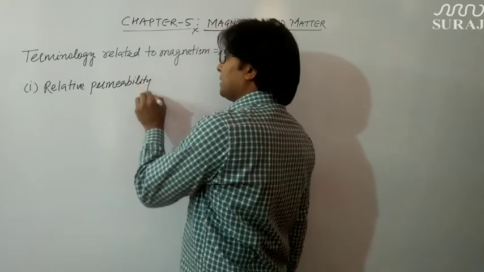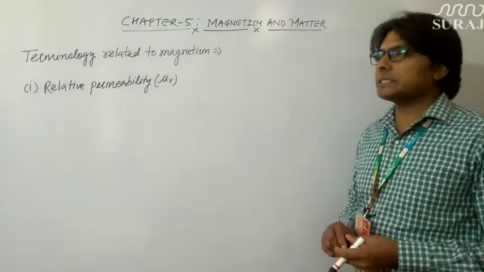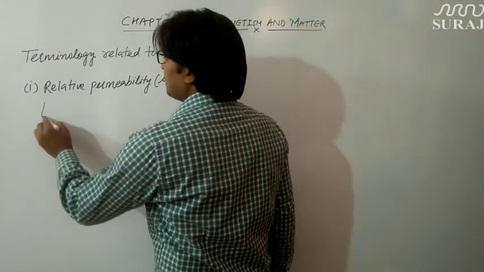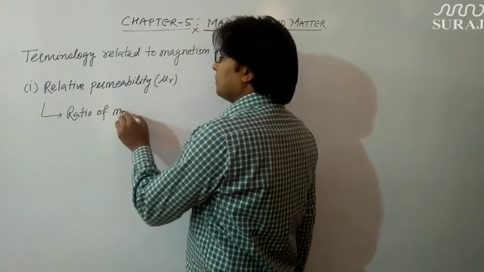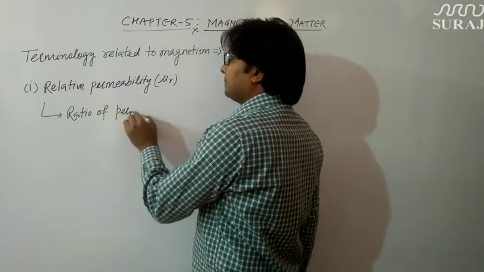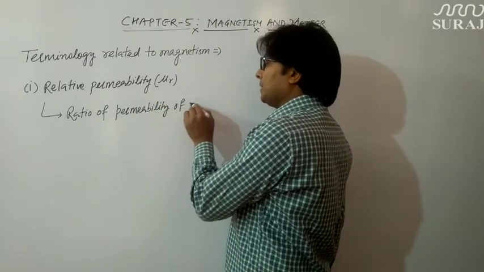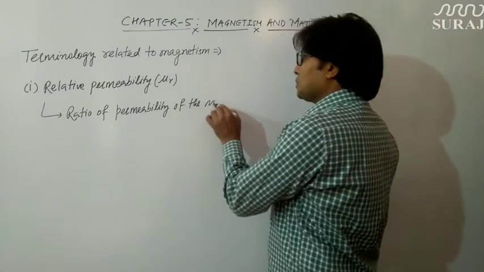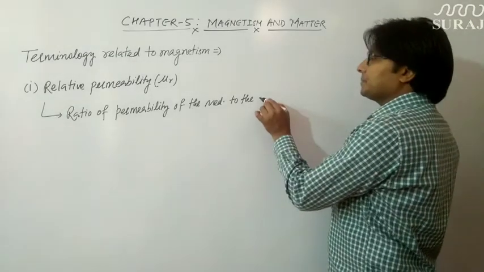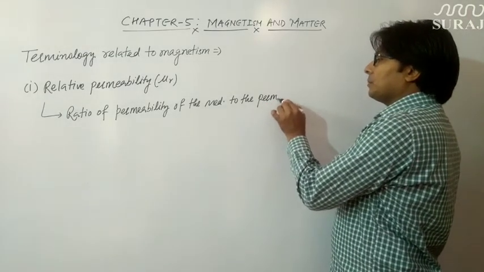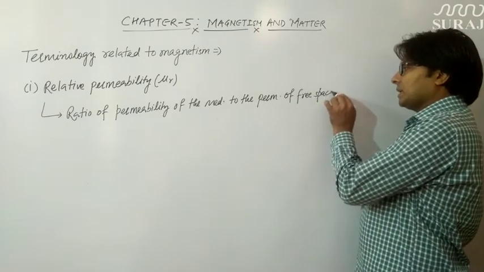It is denoted by mu r, and it can be defined as the ratio of the permeability of the medium to the permeability of free space, or we can say air.